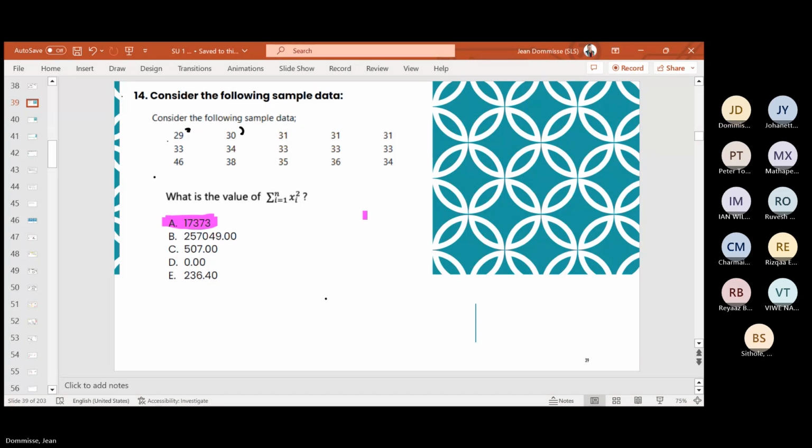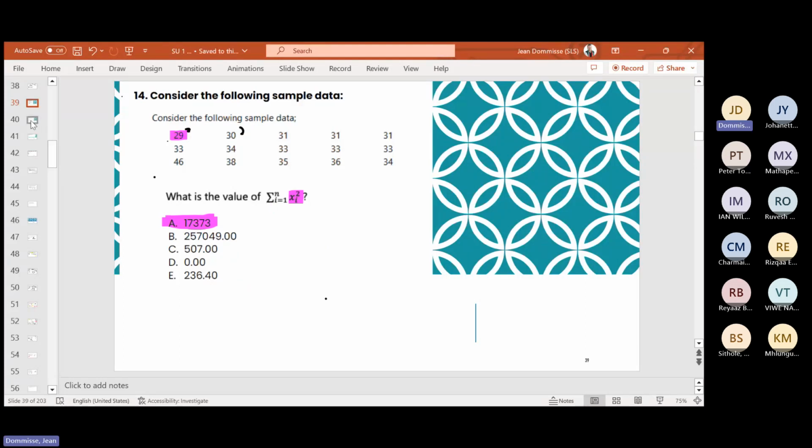So again, if you're comfortable using your calculator, do it. But if you more likely want to use your Excel spreadsheet, please, because again, it does save time. It just makes it much easier. All I did was follow this formula. I said, okay, my X number is 29. So I did exactly what I needed to do in Excel. It just makes it easier.